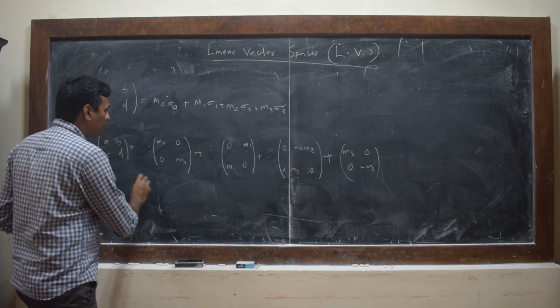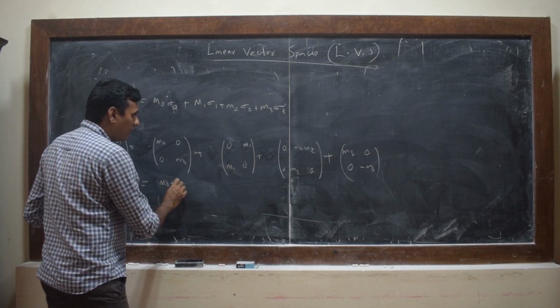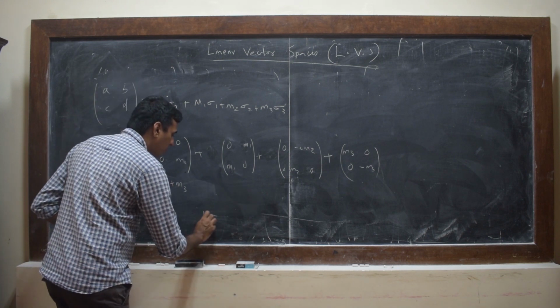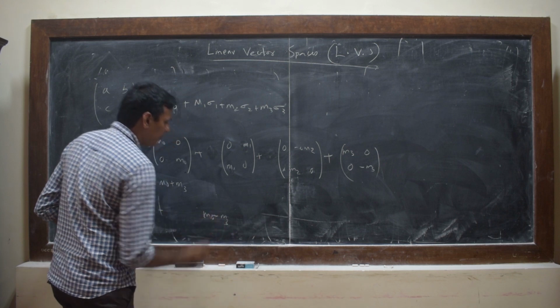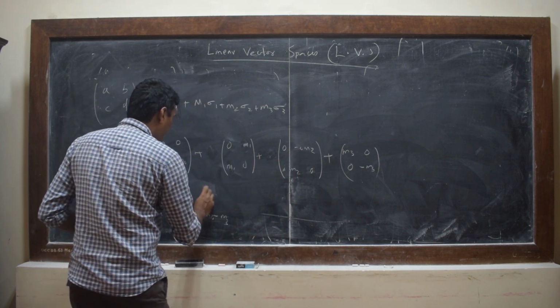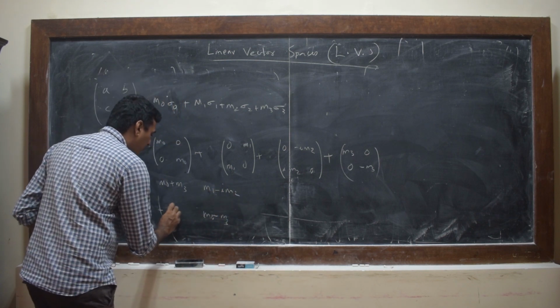Or this is equal to [[m0 plus m3, m1 minus i m2], [m1 plus i m2, m0 minus m3]].